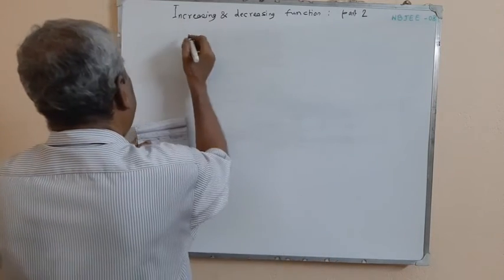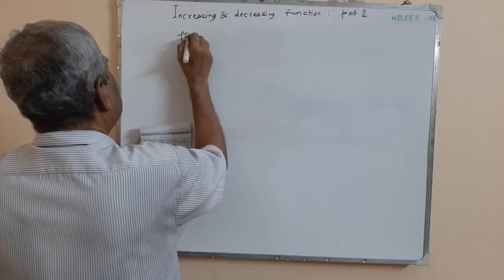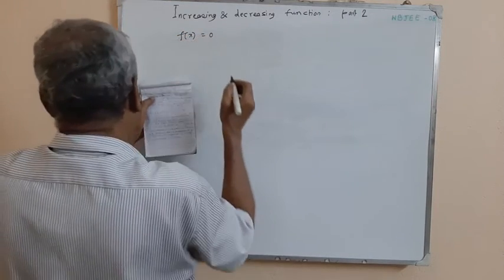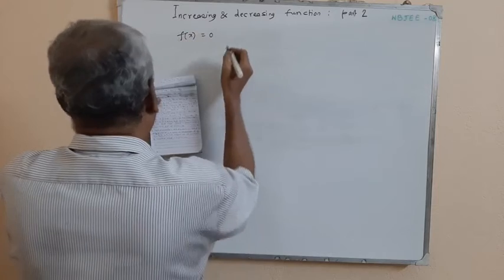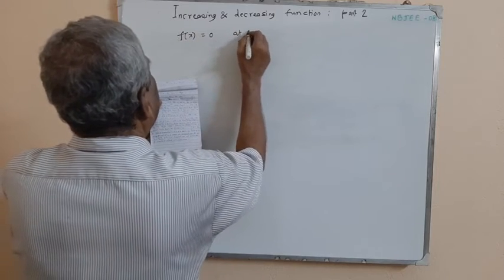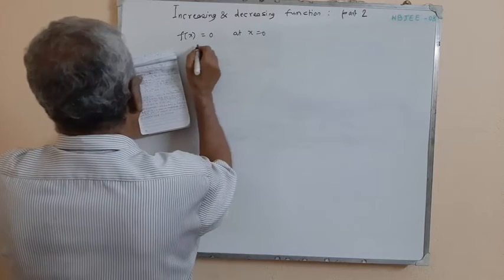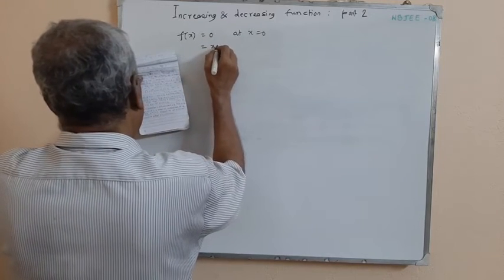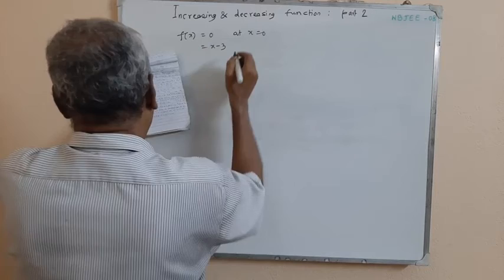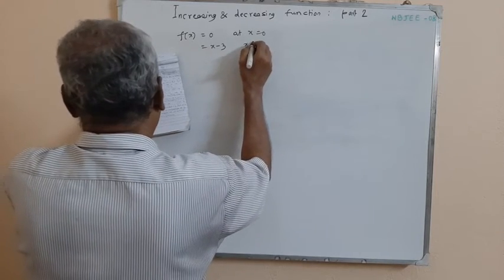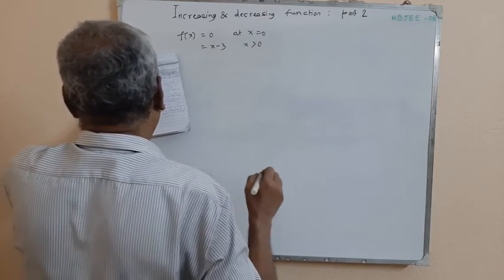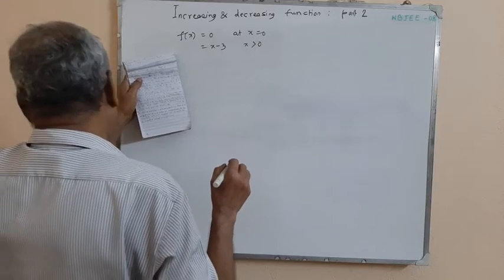A function f(x) is such that f(x) is equal to 0 at x is equal to 0, and f(x) is equal to x minus 3 if x is greater than 0. Then which one is true?